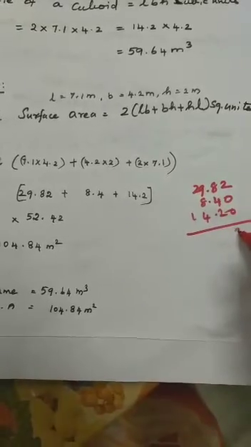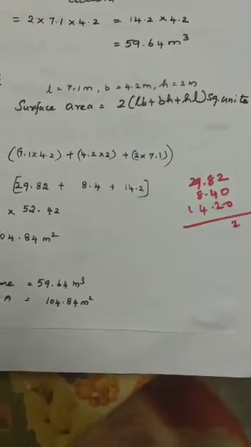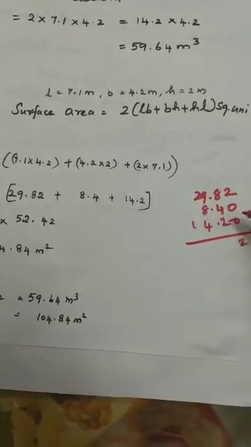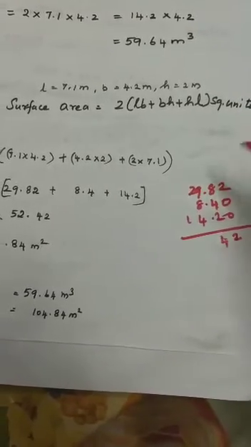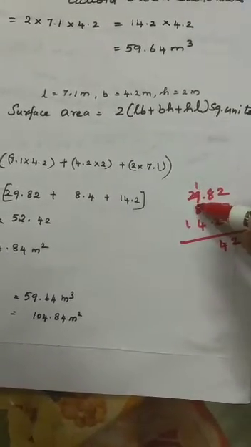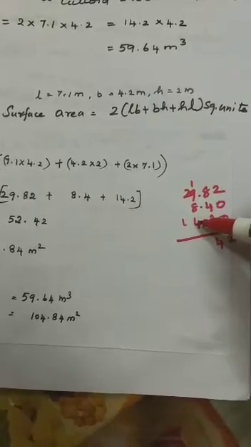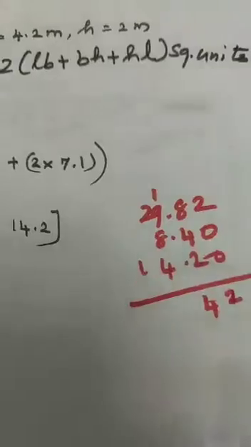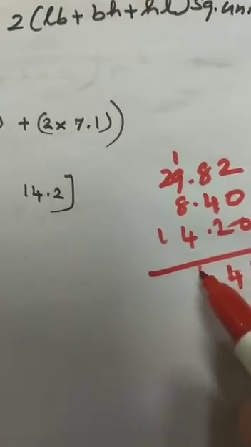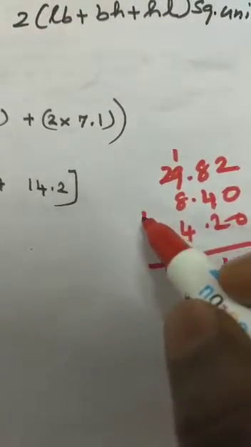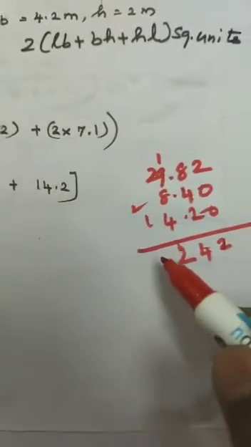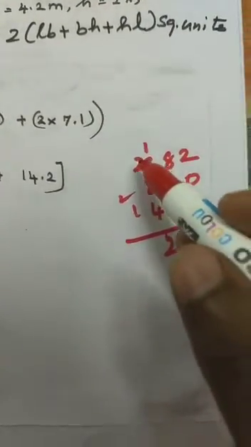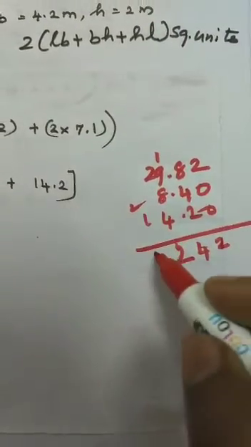Here 8 plus 2, 10. 10 plus 4, 14, 4, remainder 1. Then 1 plus 8, plus 4, 2, remainder 2. 2 plus 2, 4. 4 plus 1, 5.